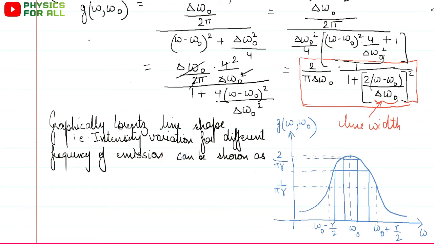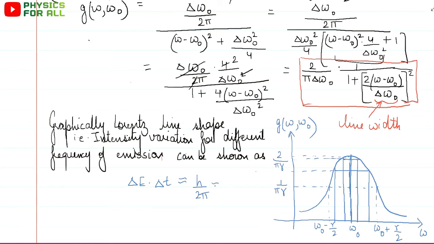These are the frequencies which are leading to the broadening of our line. Our line should have been this only, omega naught, but now we know that other frequencies are also emitted, and that is due to Heisenberg's uncertainty principle, which says that delta E times delta t is equal to h upon 2 pi.